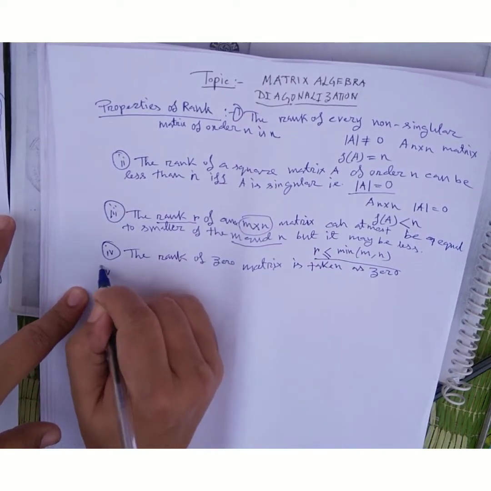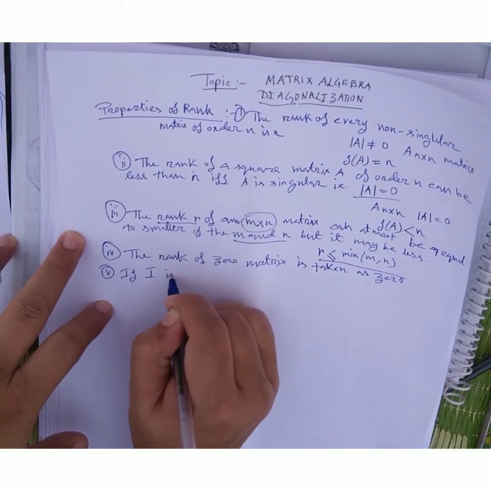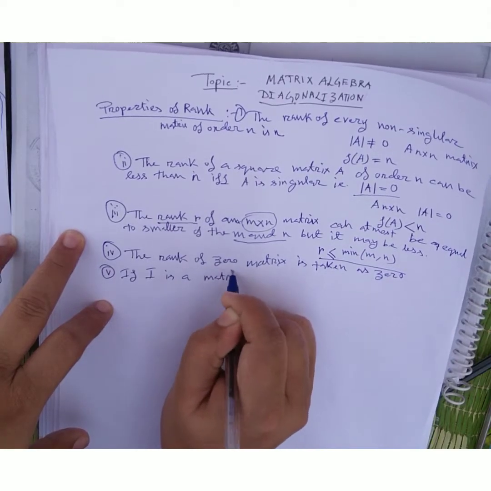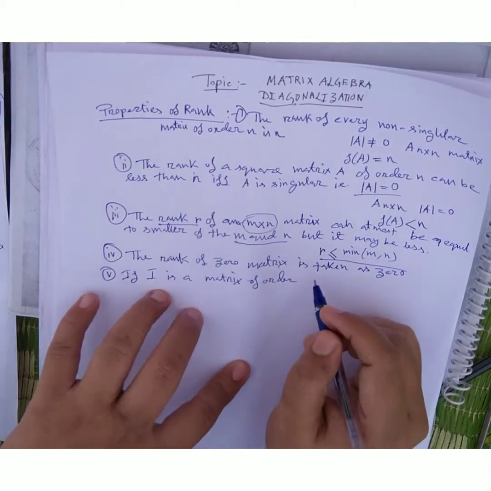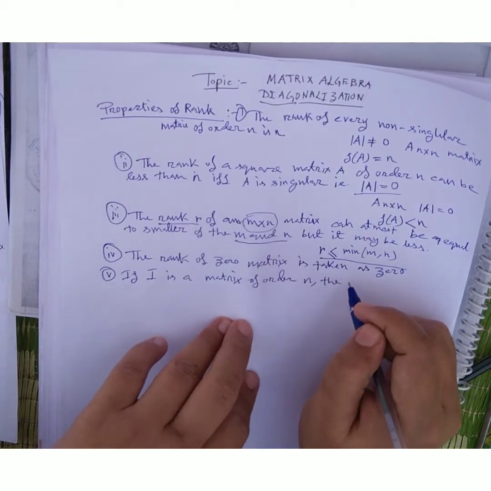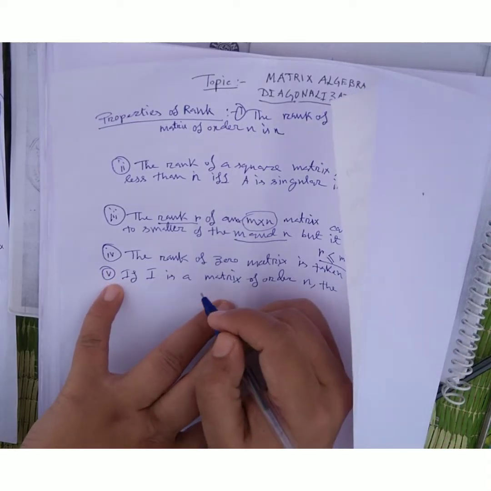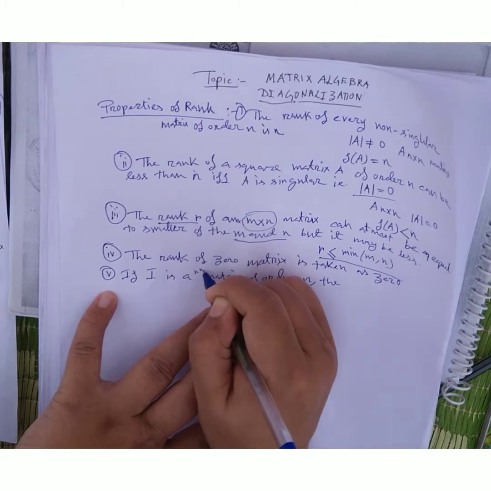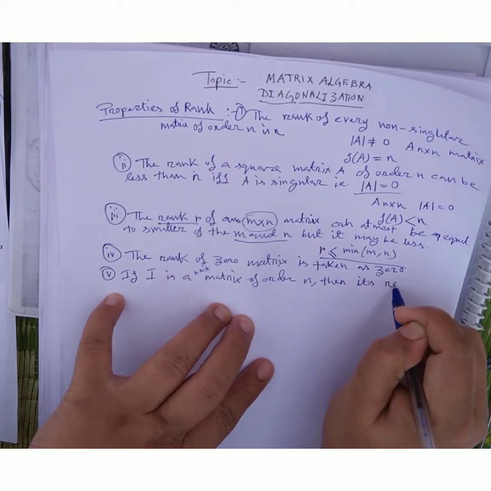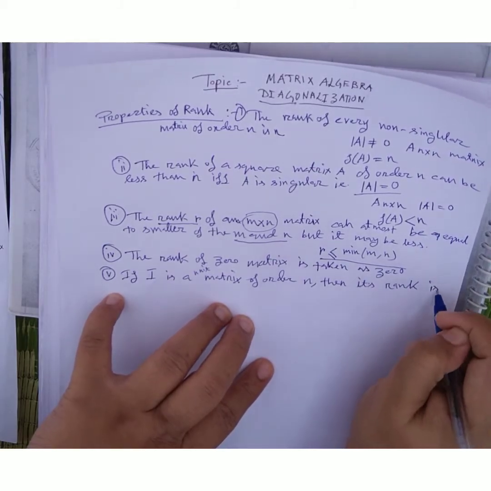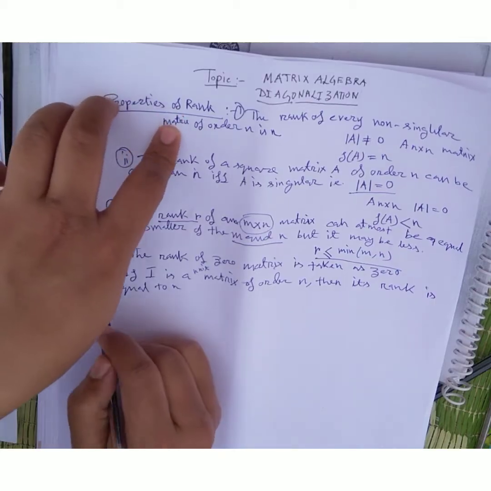Number 5: if I is a unit matrix of order n, then its rank is equal to n.